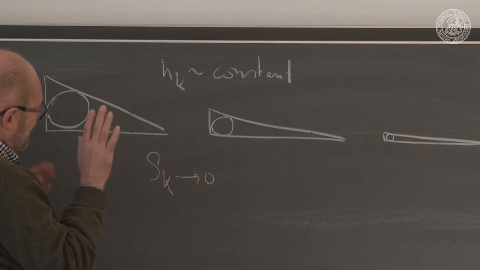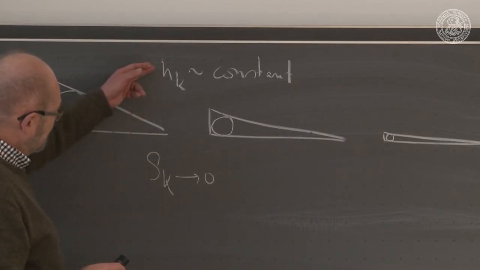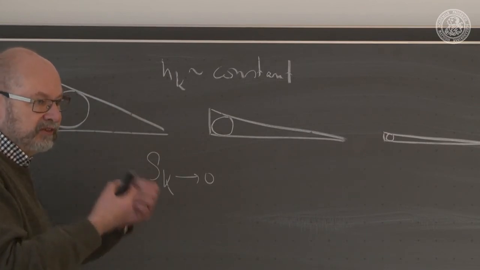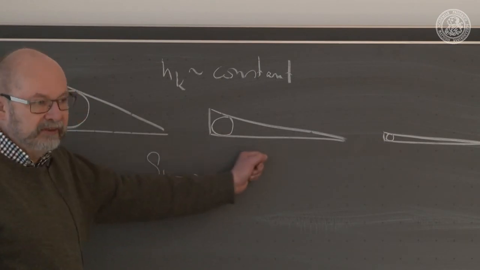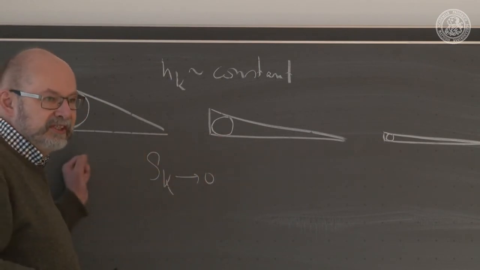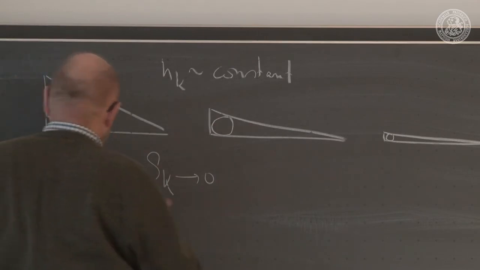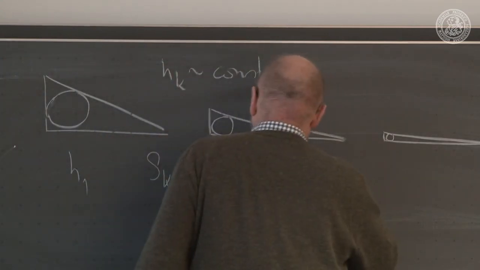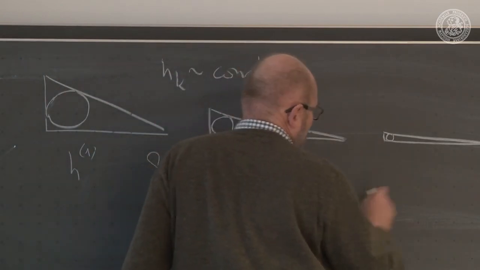So again, let's try to understand what that means. We will have to have conditions relating the hk to the rho k, but not for a fixed triangulation, but for a sequence of triangulations. So these are elements not of one triangulation, but of a sequence of triangulations. So I have here an H1, H2, H3, or let me maybe index it here on top. Looks maybe a little bit better.